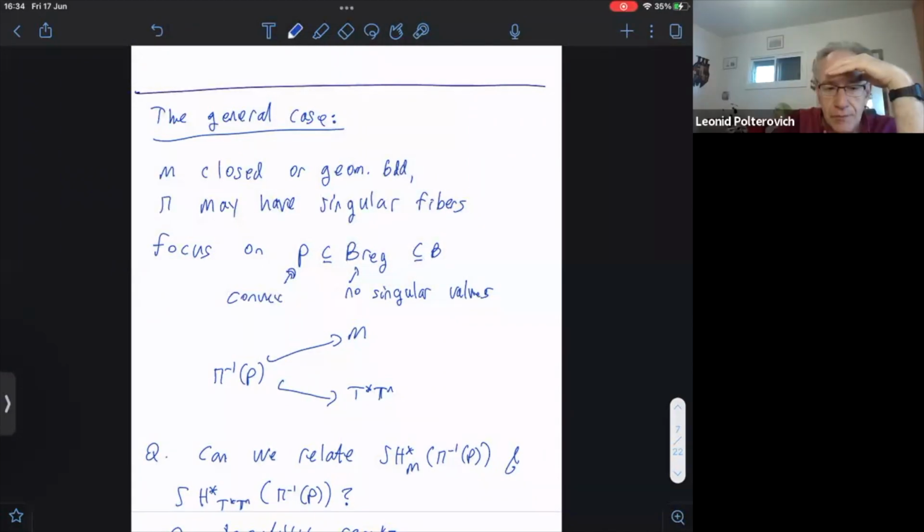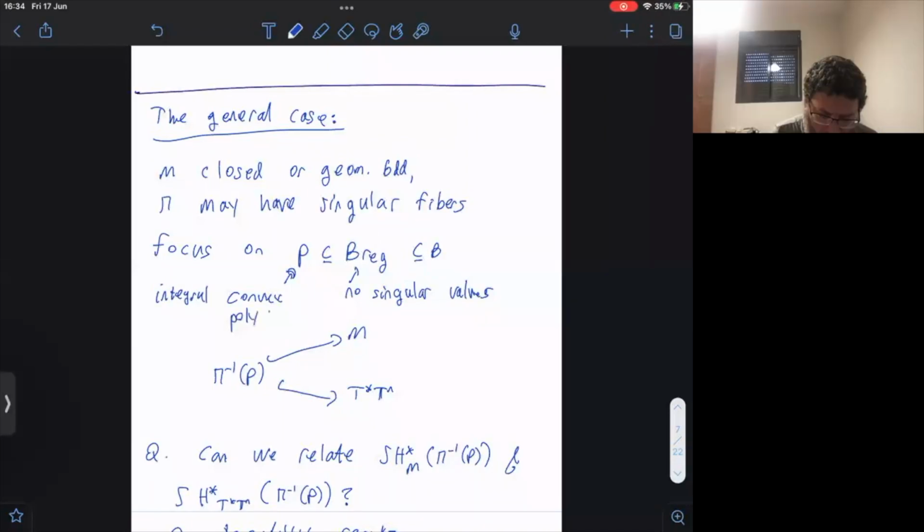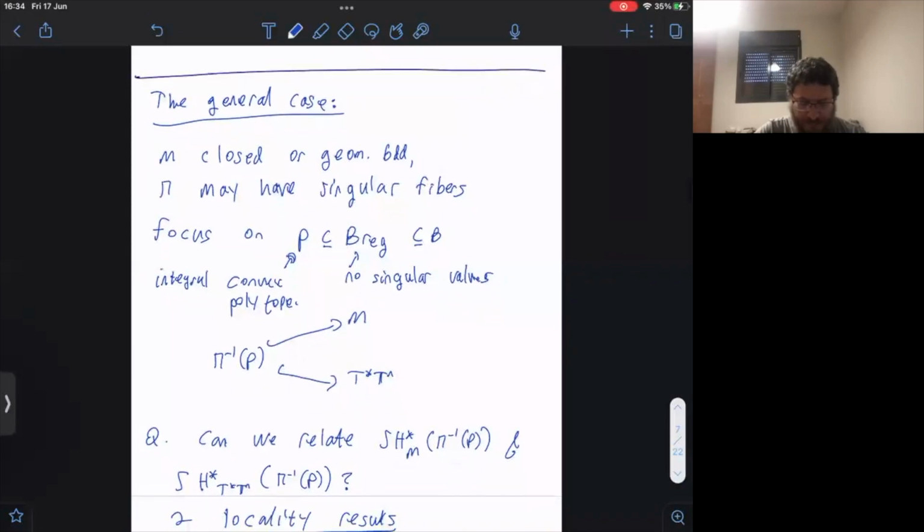Okay, thank you. So it's an assumption, but it's kind of intrinsic: once you are given P, you can see whether it has this embedding.